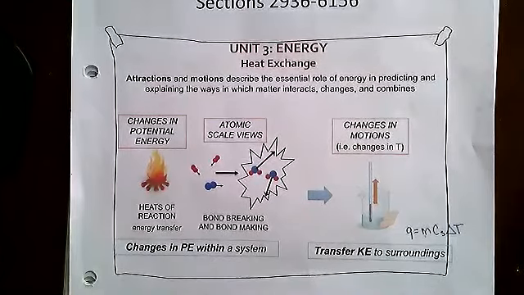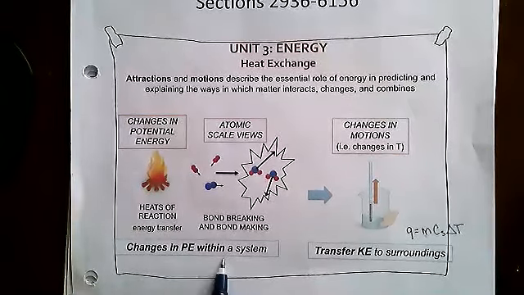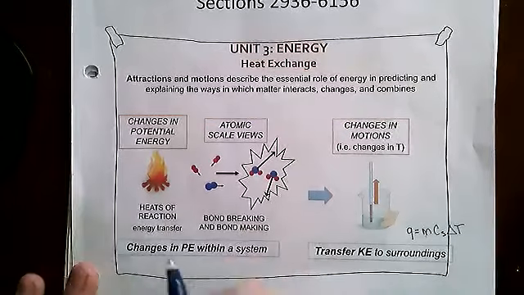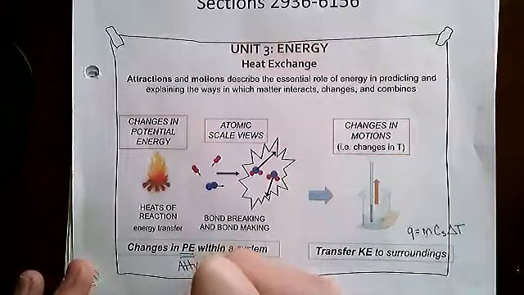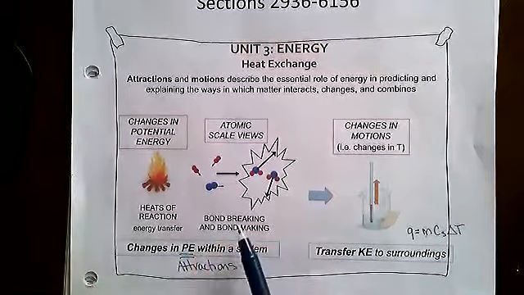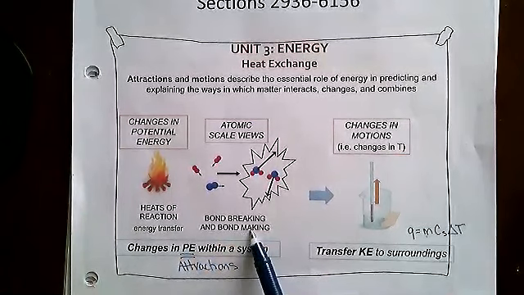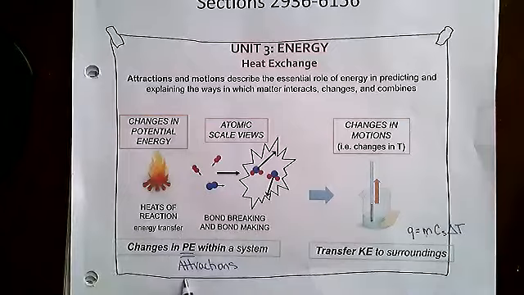Then in lecture 18, we started looking at changes in potential energy within a system. And we said potential energy is related to attractions. So anytime there's bond breaking and bond making, that's going to be accompanied by changes in potential energy.